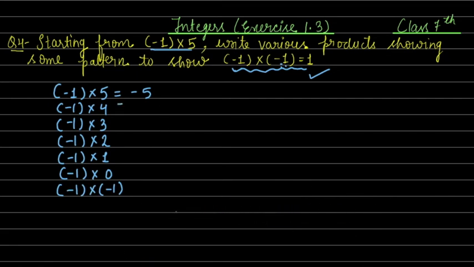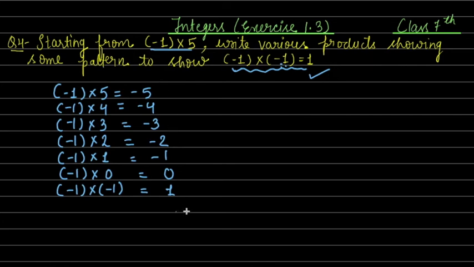How much it will be? -4, it will be -3. Of course, -2, -1, any number multiplied with 0 is always 0. And here -1 into -1 is what? +1, because you are multiplying two negative integers, so your result will be +1. Now the question is, starting from -1 into 5, write various products showing some pattern to show this into this is 1.